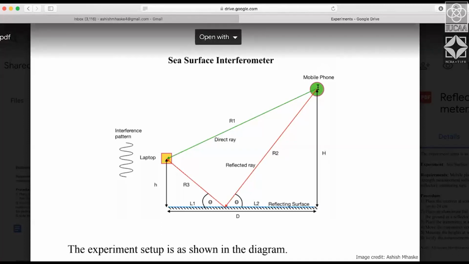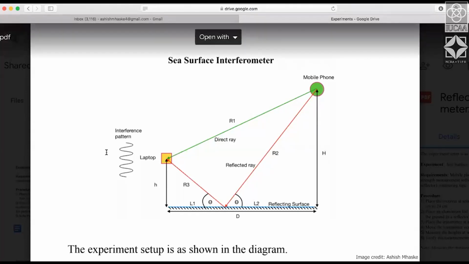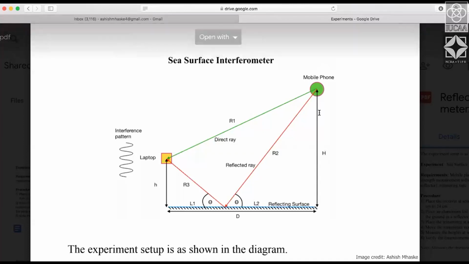Of course, one will be the direct path, the other will be the reflected path, and both these paths will interfere and give you an interference pattern as you change the height of this mobile phone. So you have to note down the points at which you get maximas and minimas.